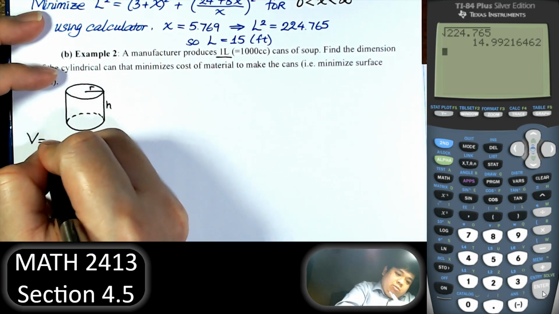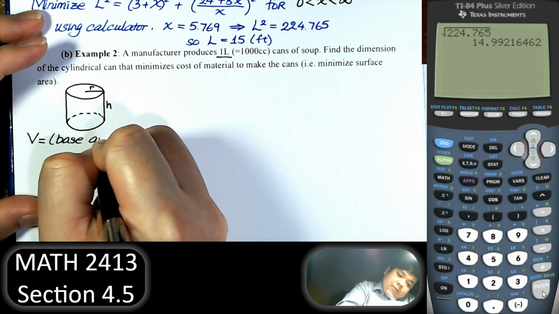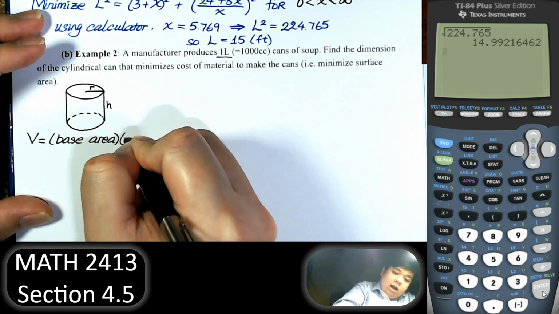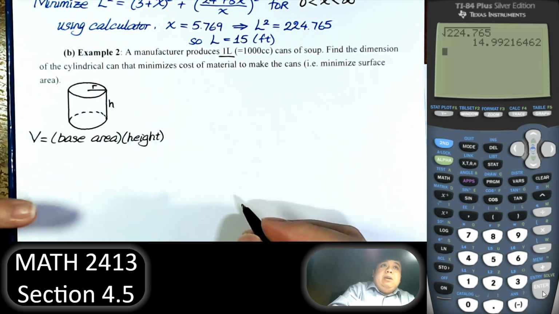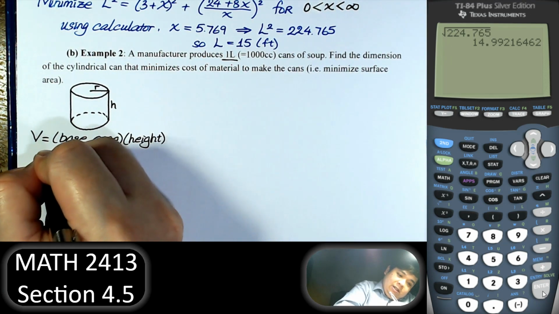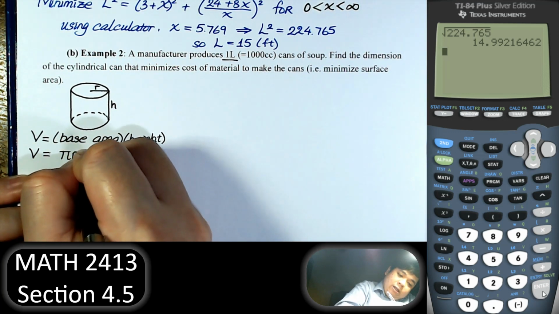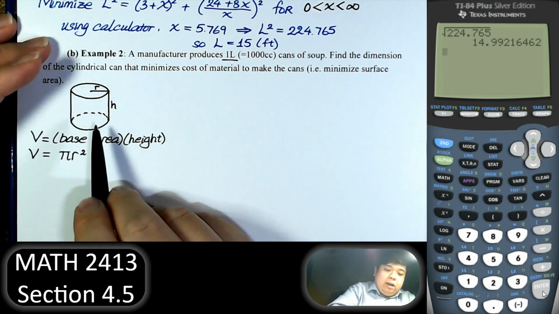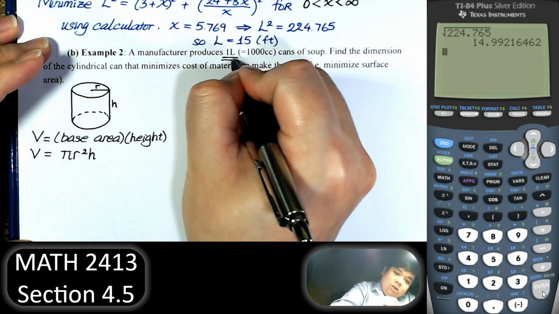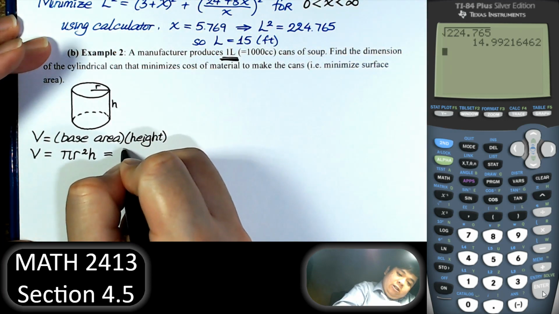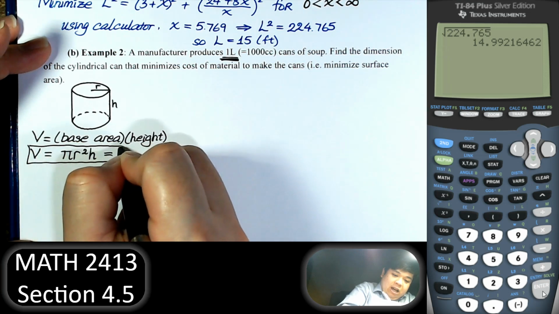It's going to be the base area times the height. The base area is pi r squared, and the height is h. And this is 1 liter. So that's what we have as the constraint.